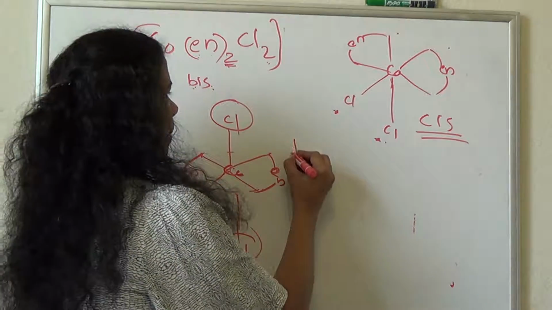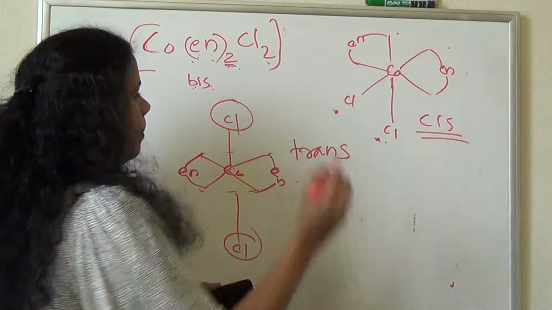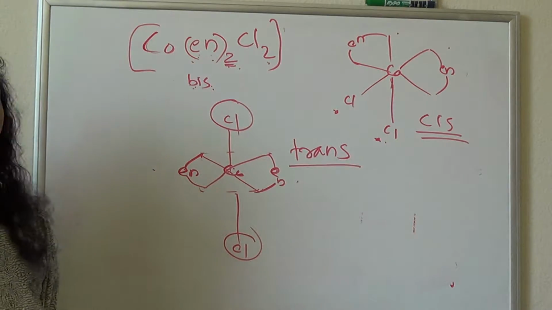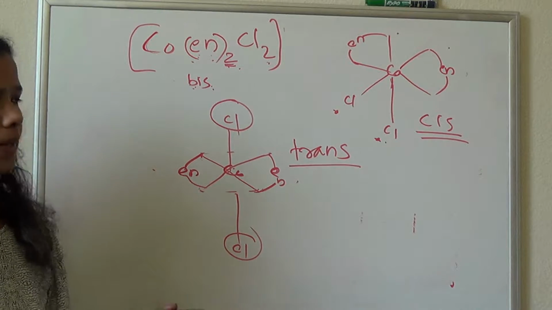So this is an example for Ma, AA2, B2 complexes. So those are the two types of geometrical isomerism.